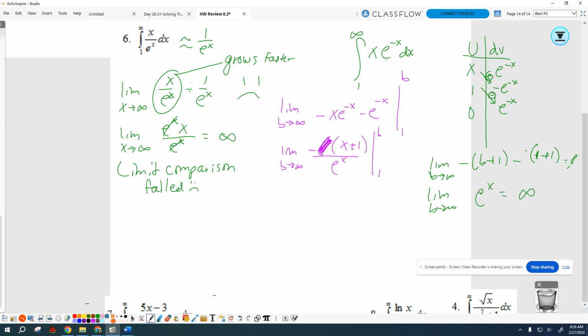Does L'Hopital's apply? Yeah. Okay, Camden, how do I do the derivative of the top? It's just 1. Negative 1, okay. Over, Massimo, what's the derivative of the bottom? Just d/dx.